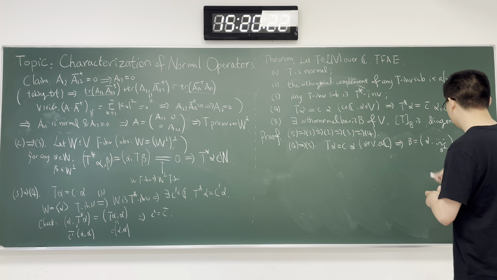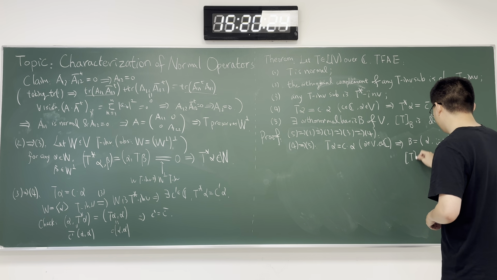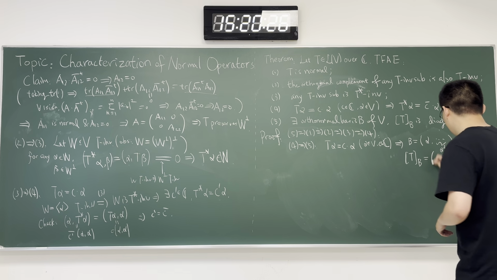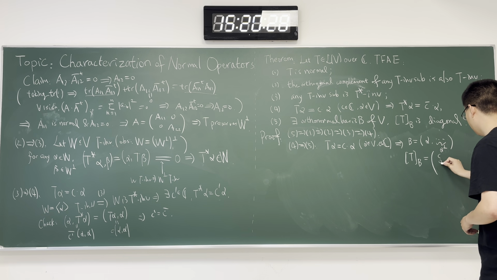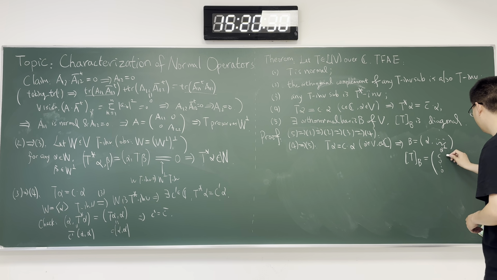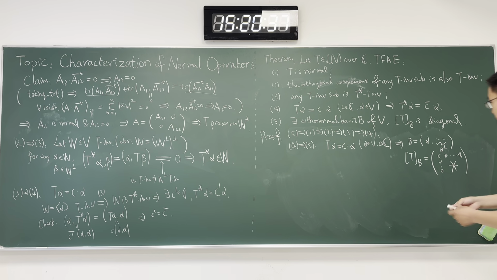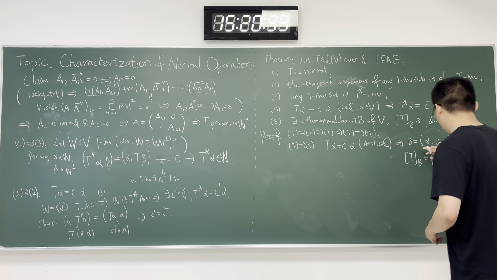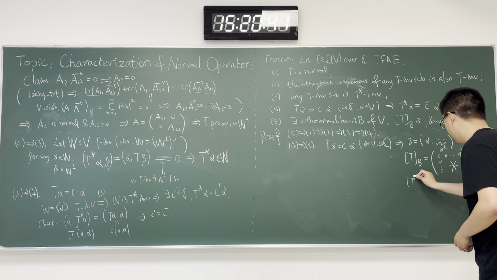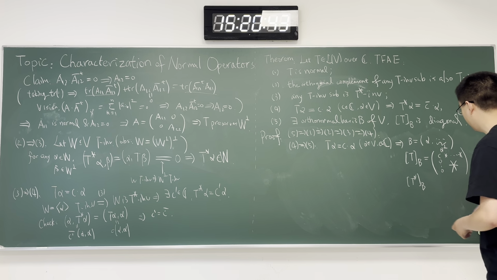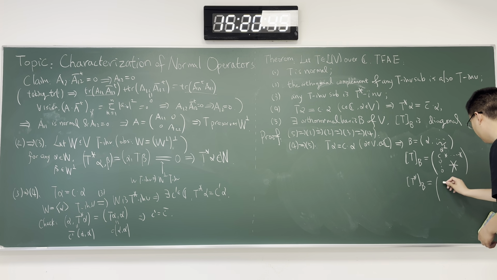We take an orthonormal basis formed by alpha and the other vectors orthogonal to alpha. Under this basis, our matrix representation of T is of the form C, 0, and star, and a block here. On the same set of basis elements, our matrix representation of T star is obviously the conjugate transpose, so this form.